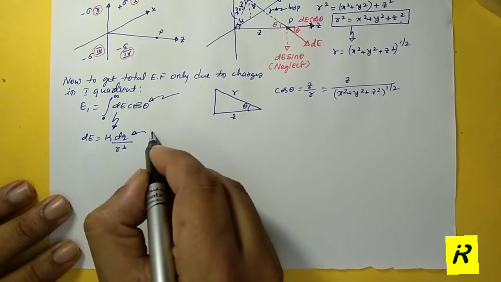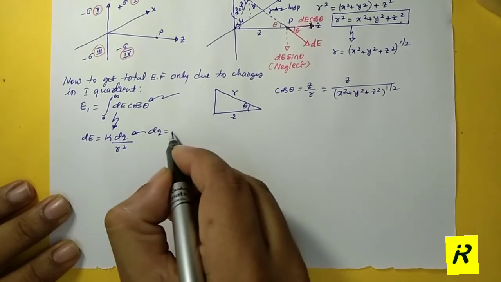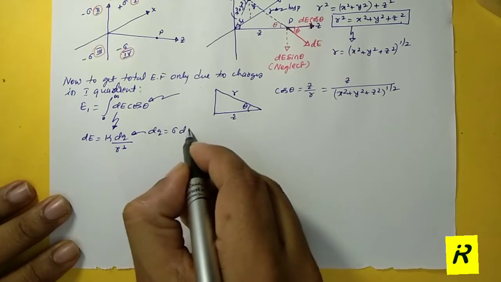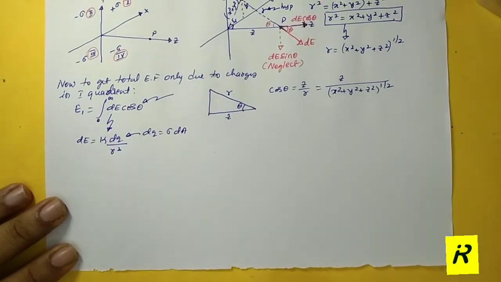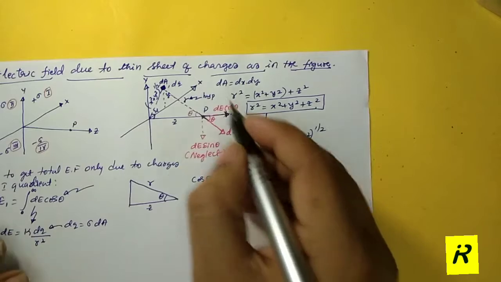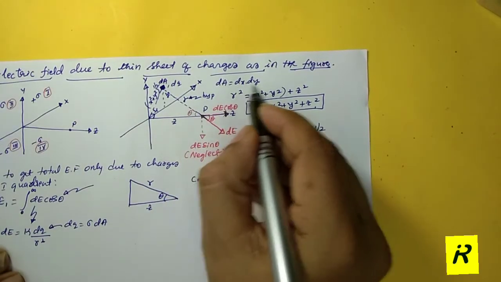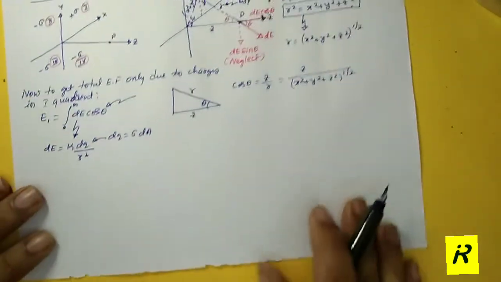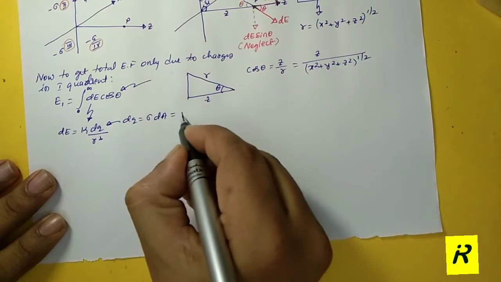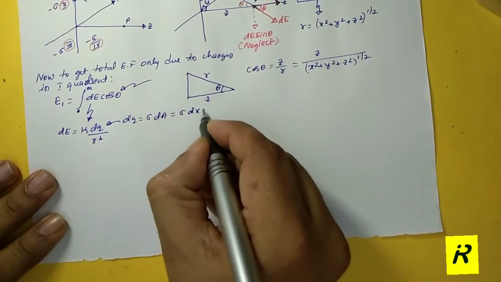Further I can put something here for dq. dq is nothing but charge density into area. What is our area dA? dA is dx into dy. So now I am making substitutions for dA, that is sigma into dx dy.